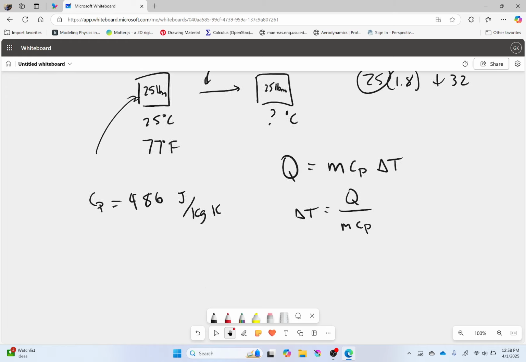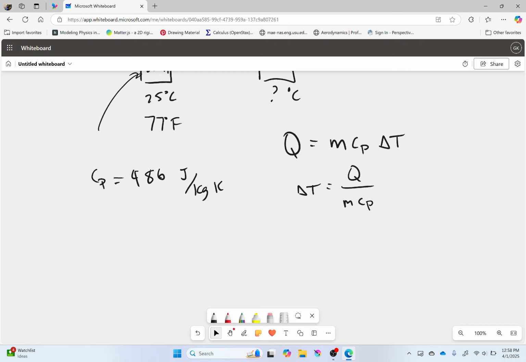Okay. Now I'm going to need to get this into English units, and so I'm actually going to give you the conversion. In the future, I'll just give it to you in the right units. But I do want to show you this at least once. So Cp is going to be equal to 486 joules per kilogram Kelvin.